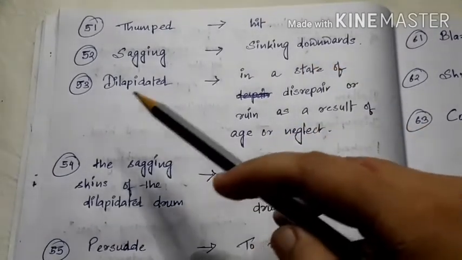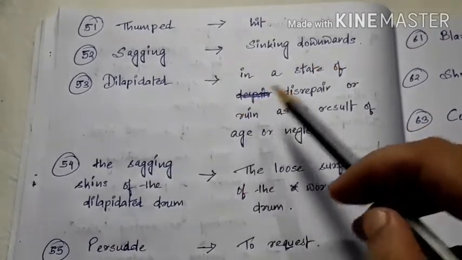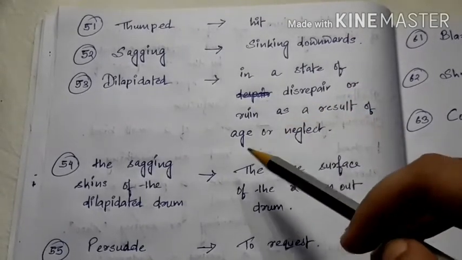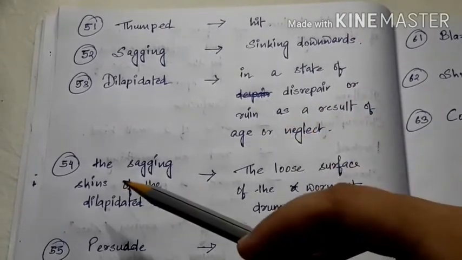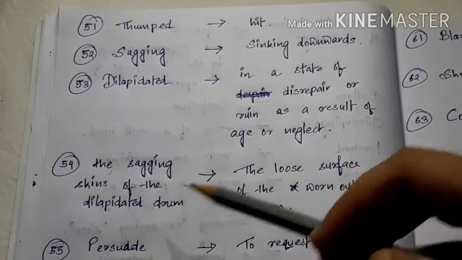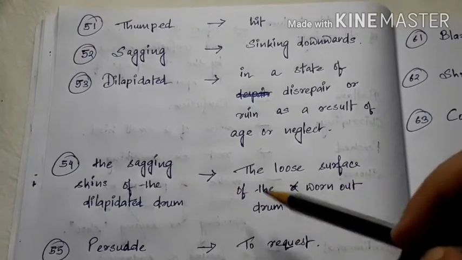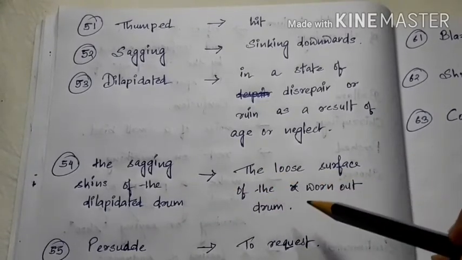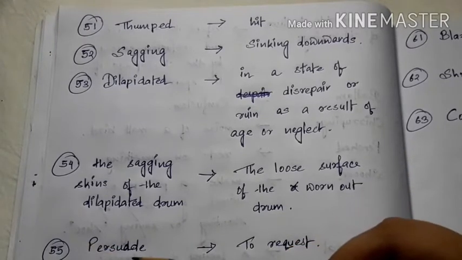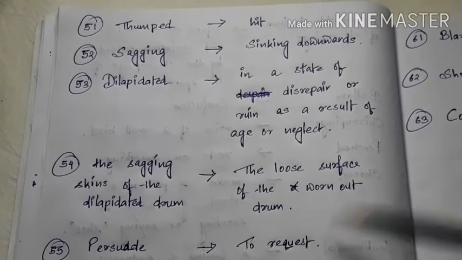Number 53, dilapidated, meaning in a state of disrepair or ruin as a result of age or neglect. Number 54, the sagging skins of the dilapidated drum. This is again a phrase within the story which means the loose surface of the worn out drum. Number 55, persuade, meaning to request.